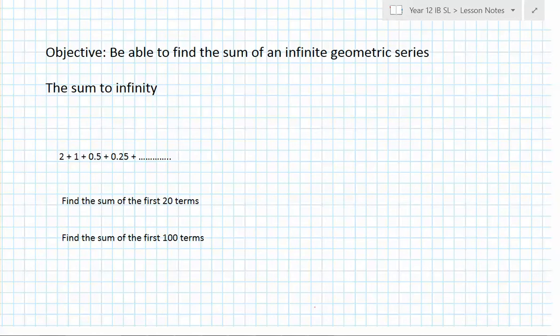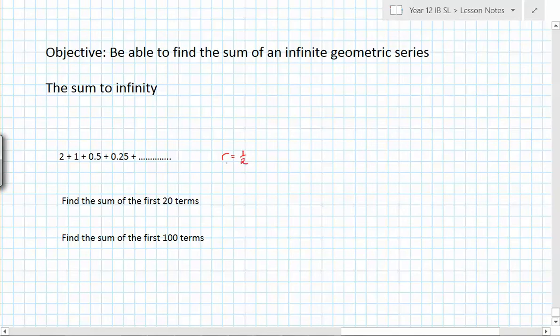However, what we're looking at is a specific type of sequence, a specific type of series. So have a look at this one. You should have realised that the ratio is what? A half.